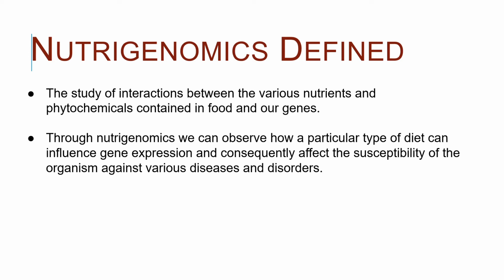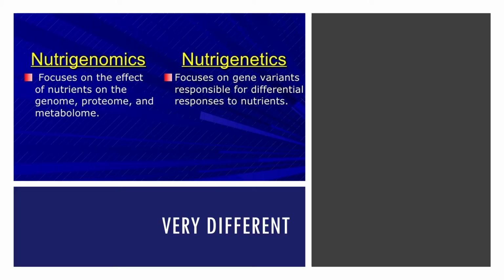And we talked a little bit about what nutrigenomics was earlier, but it's basically looking at how nutrients, phytochemicals in plants, fruits, nuts, things of that nature contained in the food affect our genes. The interaction between food and gene. Remember, without fully changing the gene, but affecting the expression of it.